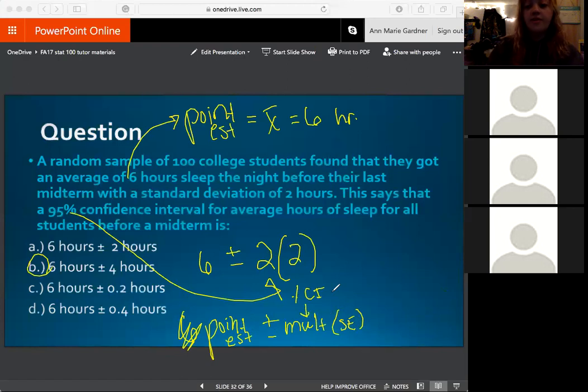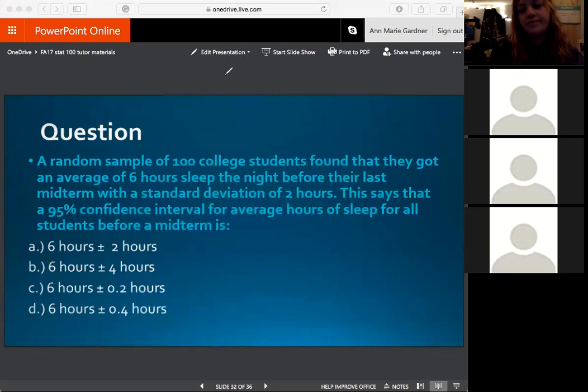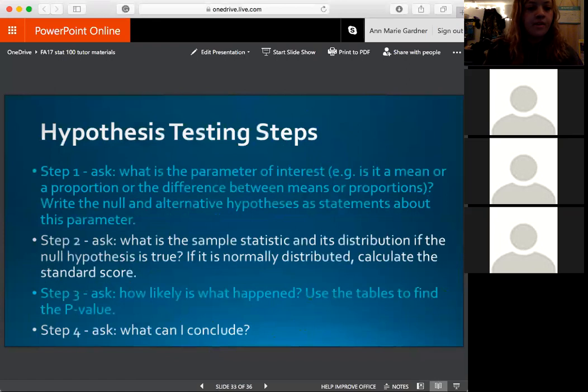But remember, if it said that the margin of error was 2 hours, it would be A, because the right side of all the equations is our margin of error. Since we're talking about standard error, we still have to multiply that by our multiplier. Okay, so hypothesis testing, this was the last thing we talked about.